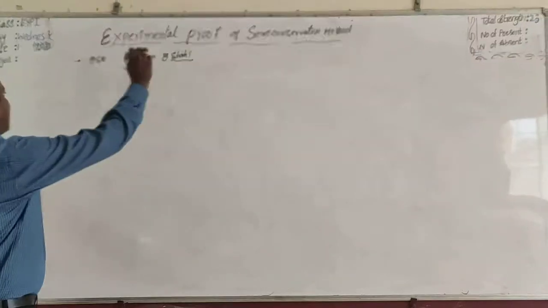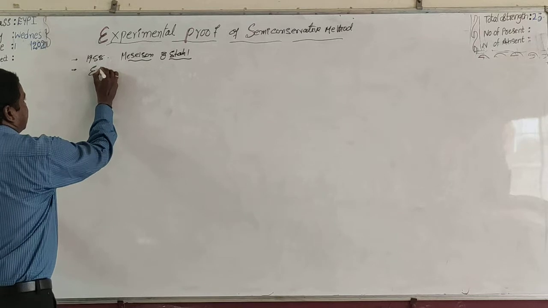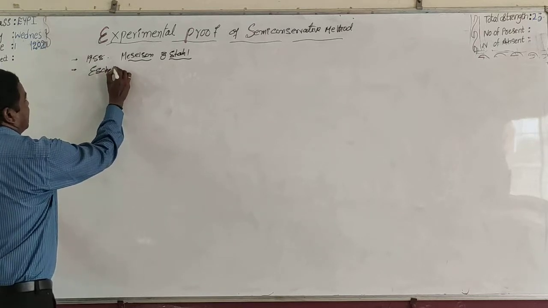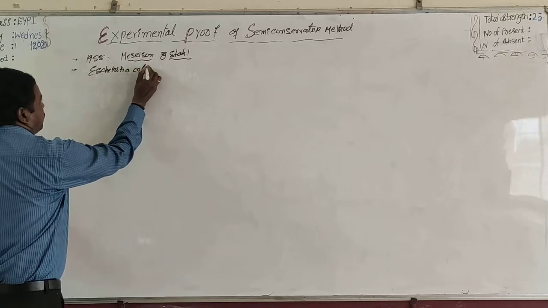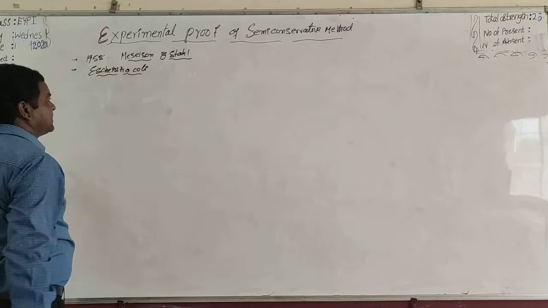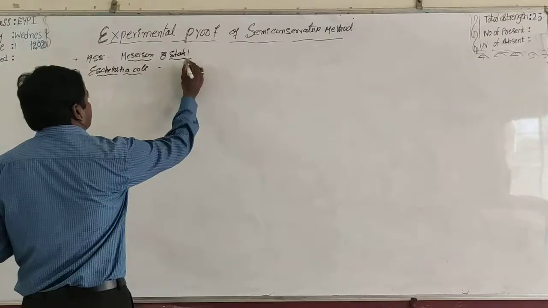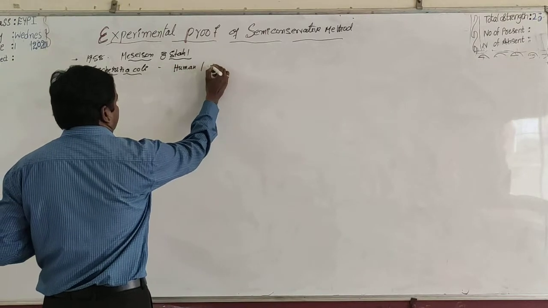Especially, these scientists proved the semi-conservative method of DNA replication in Escherichia coli. Subsequently, they also proved it in human cells and plant cells.